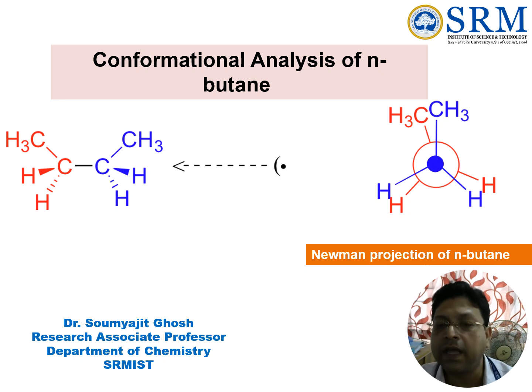We do the conformational analysis of n-butane: due to the rotation, what types of conformation can we get, and due to the orientation of the methyl groups, which conformations get more stabilized than others. That analysis is known as conformational analysis of n-butane. In the subsequent slides, we'll see what types of conformations or rotamers we get due to the rotation.